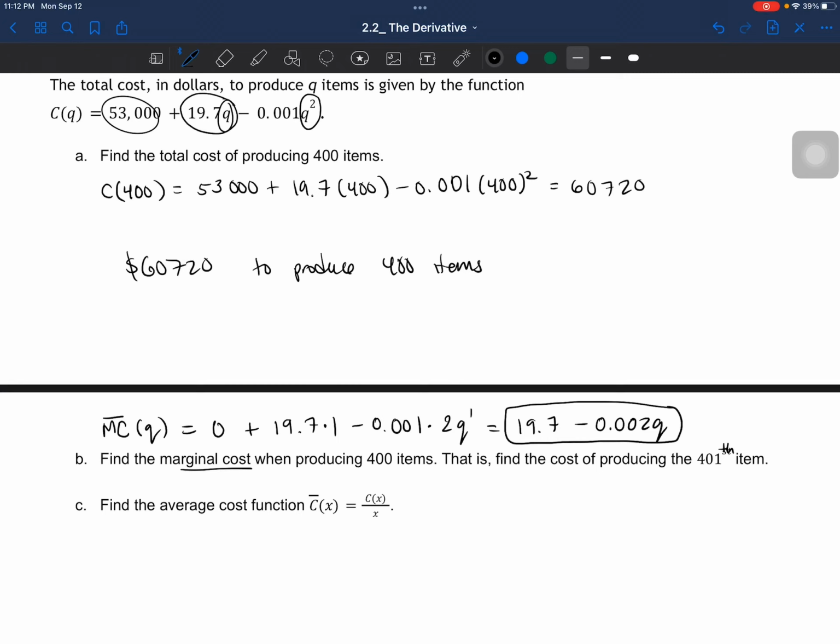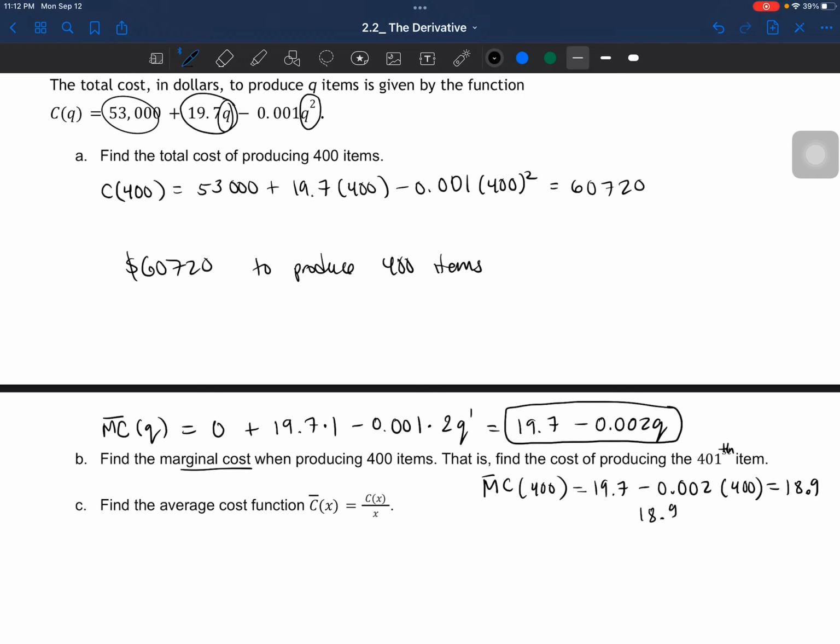All we have to do now is plug in 400 there. So the marginal cost of 400 is equivalent to 19.7 minus 0.002 times 400, which equals 18.9.